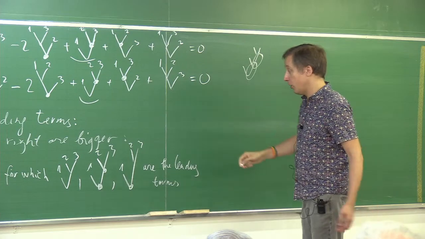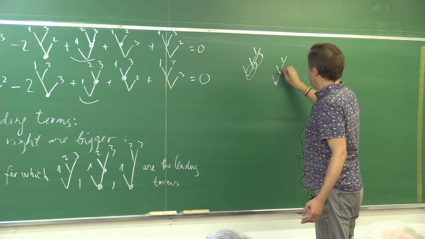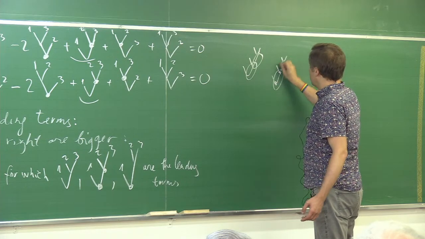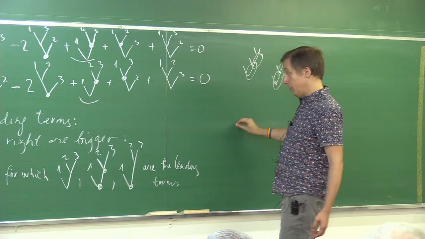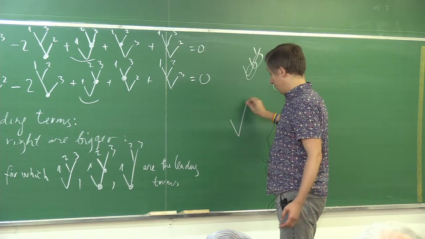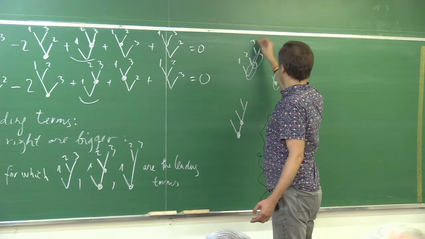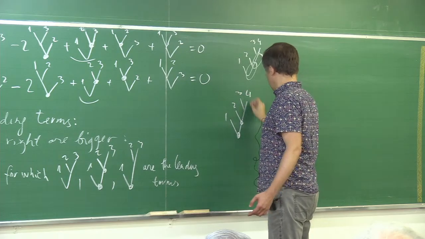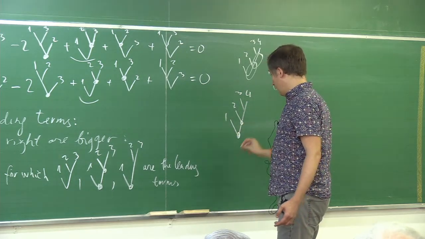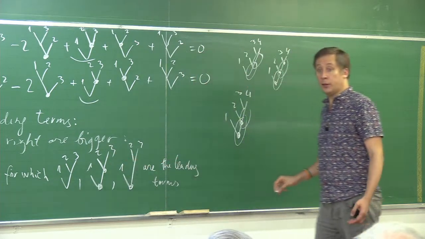There is this tree, which is the overlap of this guy with itself. There is this tree, which is the overlap of these two leading terms.